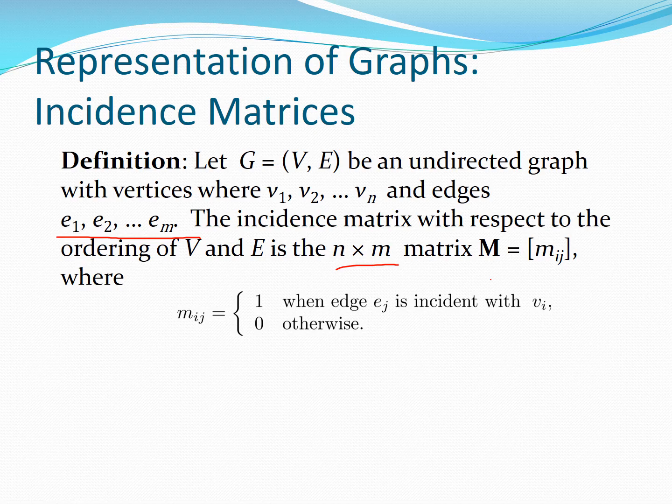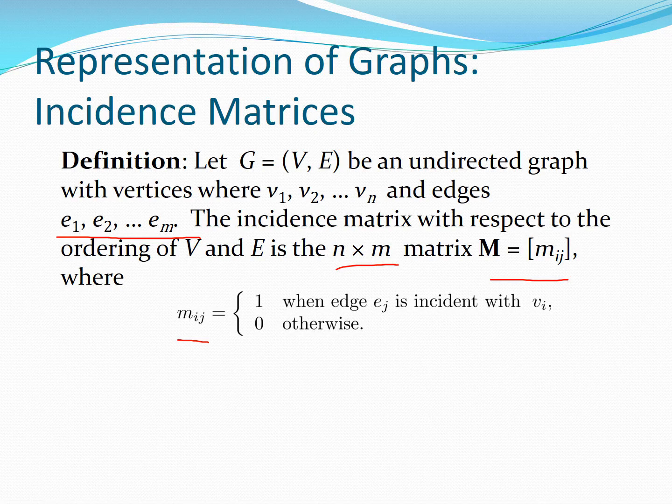Once again, the matrix is going to be made up of Mij, which can either take the value of 1 or 0. How do you tell whether your Mij value for that position is going to be a 1 or a 0? Your Mij is going to be 1 if the edge Ej is incident upon or incident from the given vertex Vi.